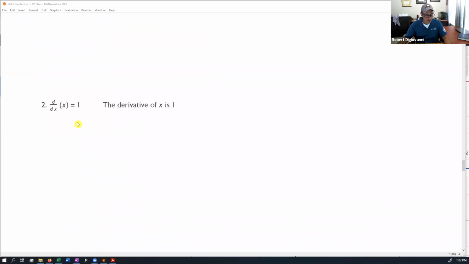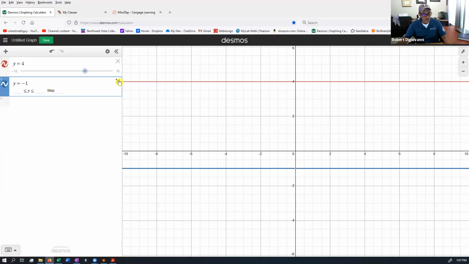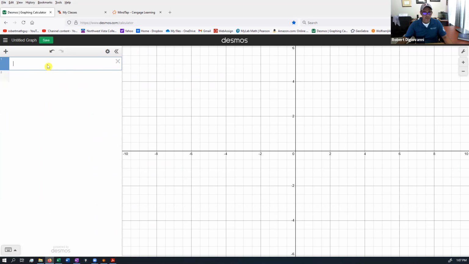The next formula is that the derivative of x is 1. So let's look at that visually. If I take the function y equals x, that's this diagonal line. And that diagonal line actually has a name.